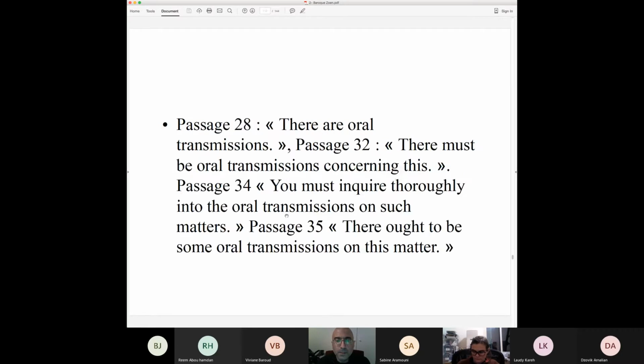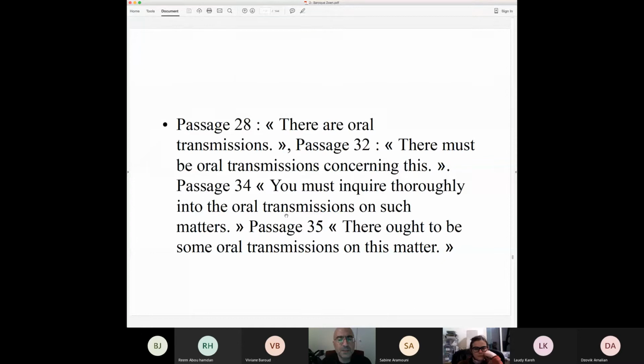On passage 28, there are oral transmissions. Passage 32, there must be oral transmissions concerning this. They are more important than what I said here. Passage 34, you must inquire thoroughly into oral transmissions on such matter.